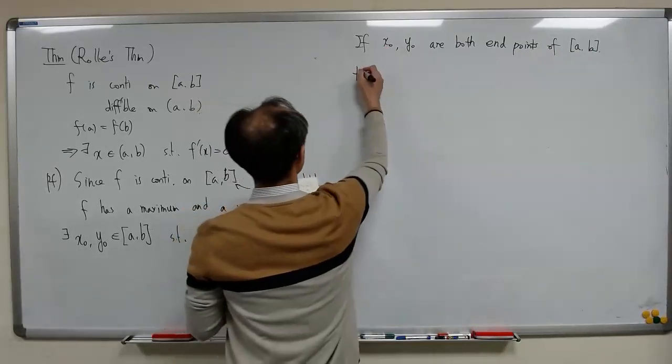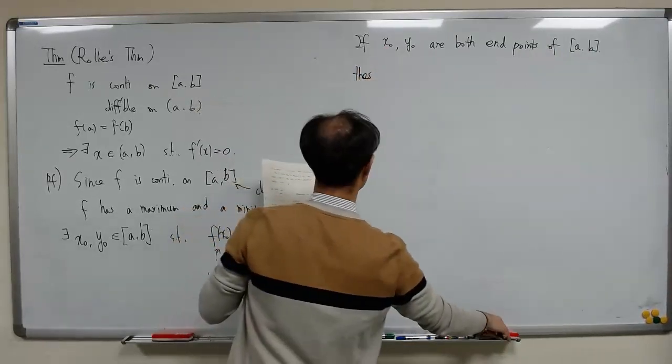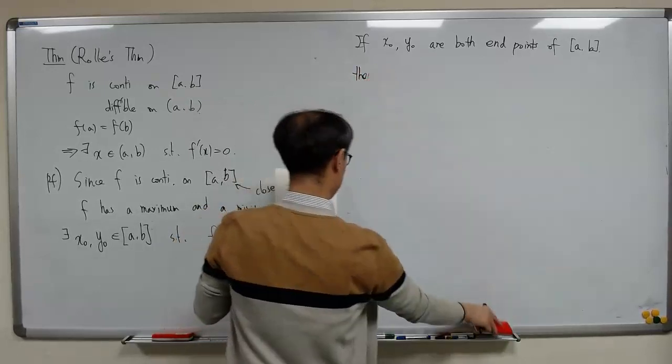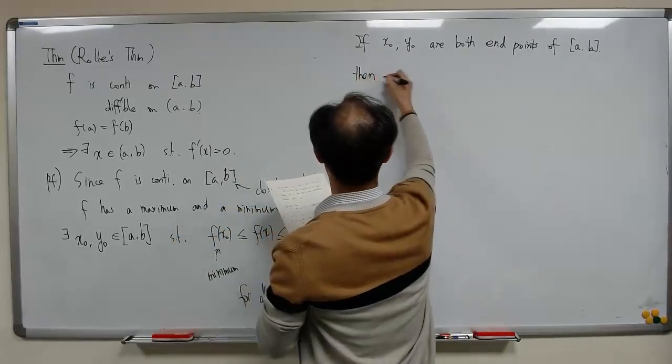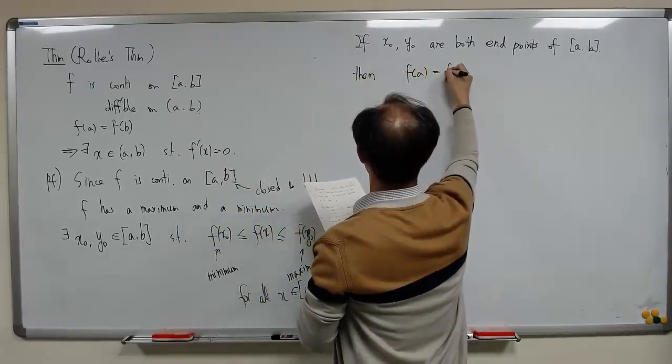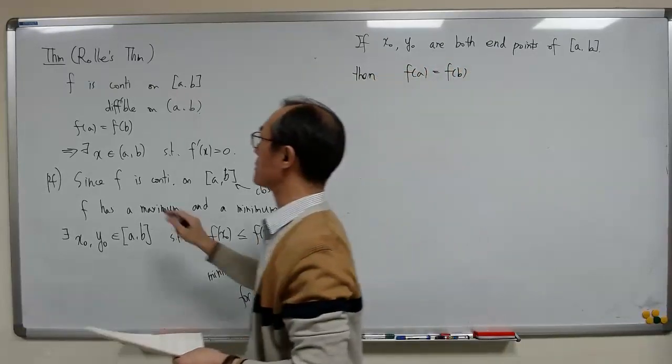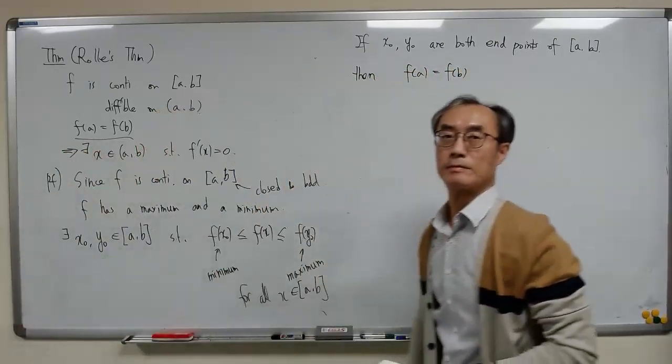For both cases, f of A is the same as f of B. That's our assumption for Rolle's theorem.